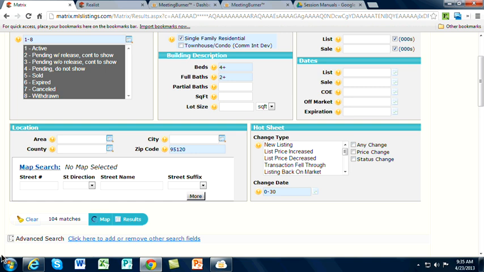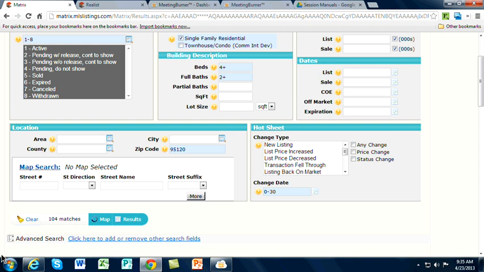So what I usually do, first, this is irrelevant in a discussion of a CMA. I want all status 1, all active listings, no matter how long ago they were listed. Right? If somebody listed it a year ago and it's still on the market, I want it to show up, but I don't want sales from a year ago, right? And I'm too lazy, too efficient to create a whole bunch of different dates, right?